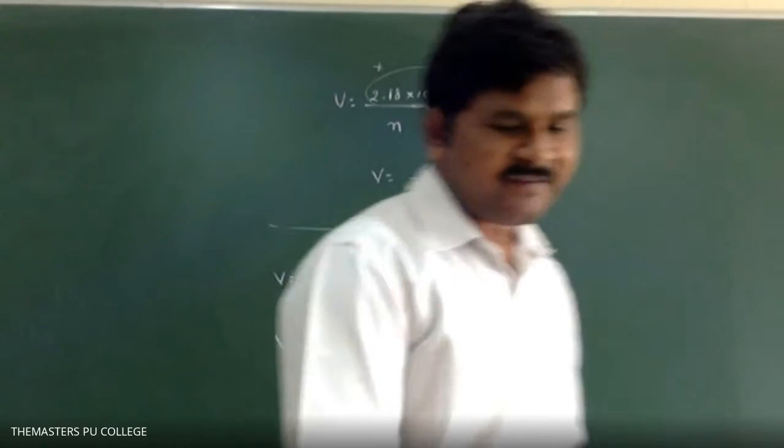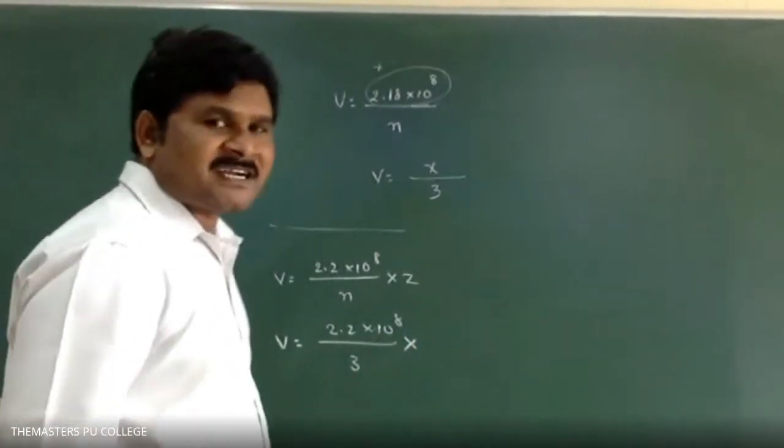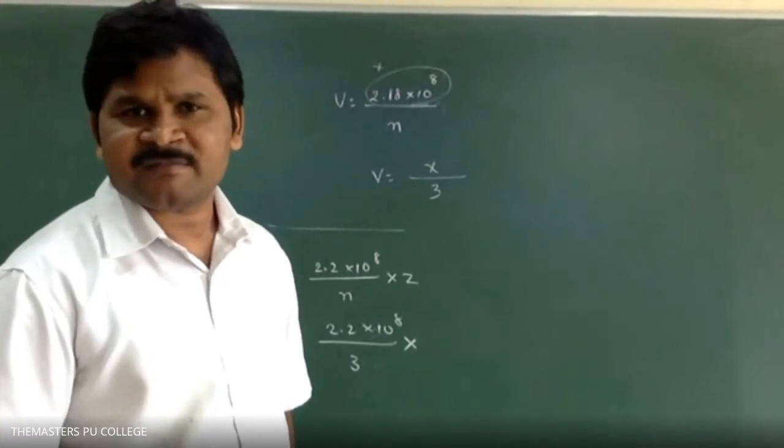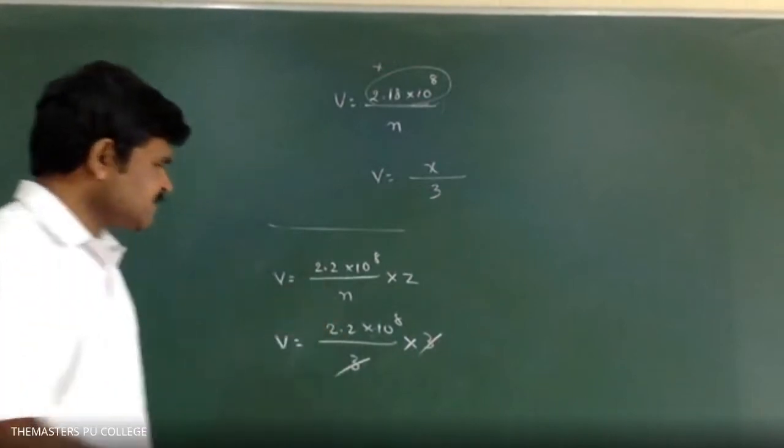Third Bohr orbit of Li2+. What is the n value? N is equal to 3. Li2+ atomic number, how much? Lithium atomic number is 3. So 3 into 3, what we got?